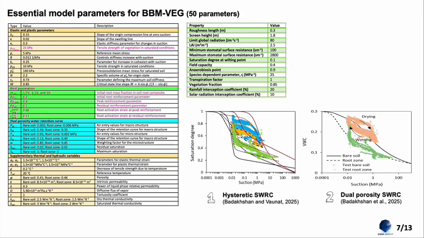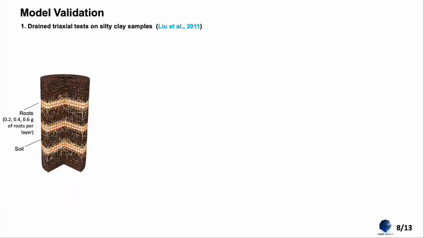For considering the vegetation, it is important to consider five extra parameters: initial root reinforcement, peak and residual reinforcement, the strains related to the peak and residual conditions, and finally the ratio of vegetation inside the soil composite sample.